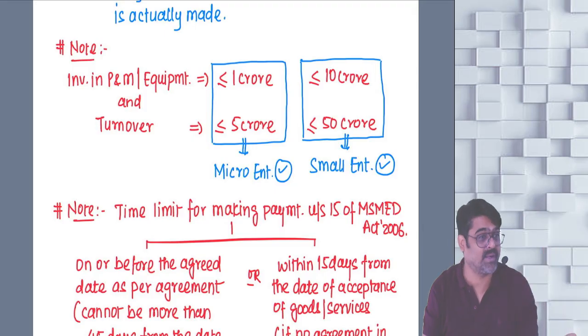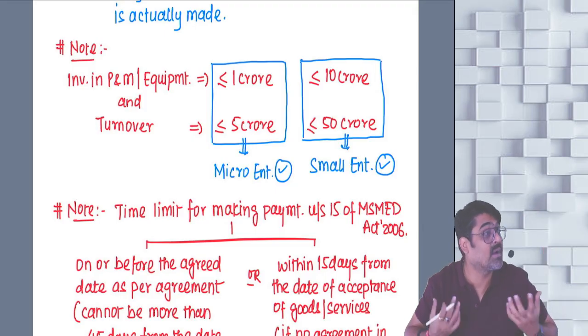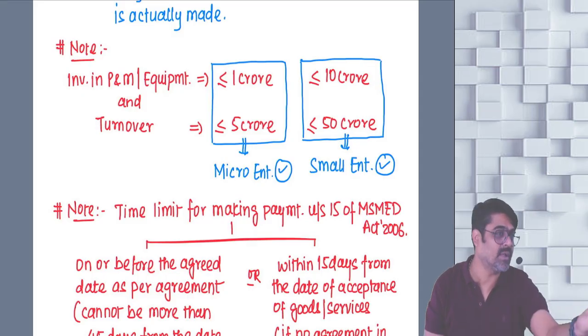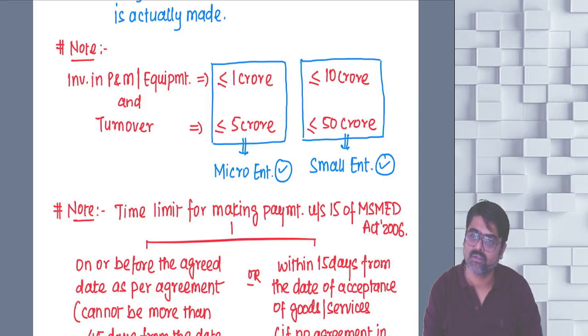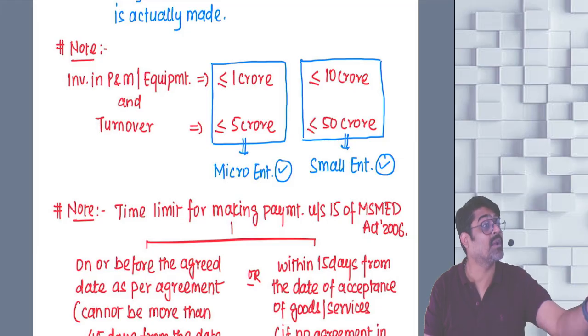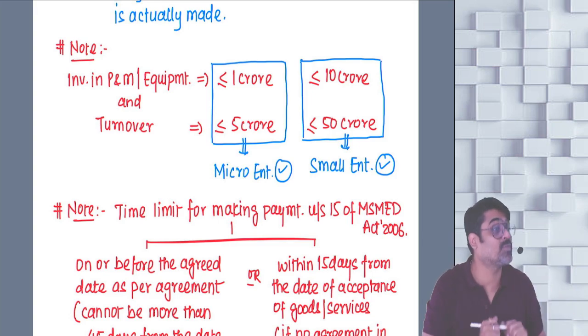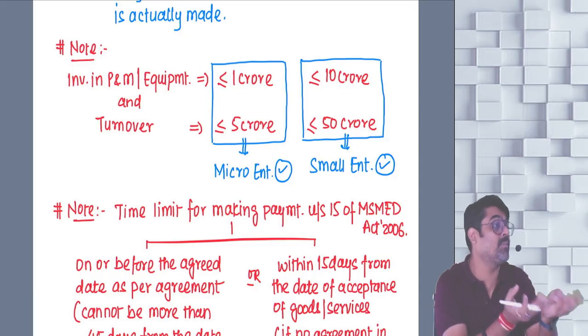Huge amounts are pending to be received from big companies. For example, I am a small or micro enterprise and Reliance is my biggest customer. Reliance will take advantage of this. Reliance will say, we'll stop buying from you if you keep asking for money; whenever we want, that time we'll give you the money. A big order will go from my hand just because I ask for money, and they are not giving me money on time.